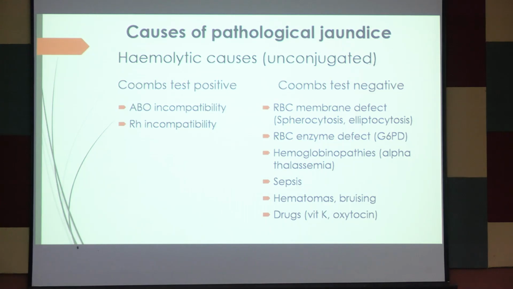RBC enzyme defect, that is G6PD deficiency. Hemoglobinopathy, that is thalassemia. Then infection, sepsis, hematoma, bruising, and some drugs, vitamin K, oxytocin. So these are all causes of hemolytic anemia and cause pathological jaundice.